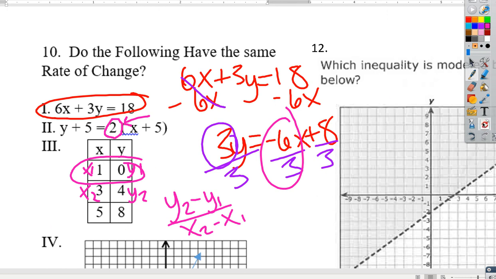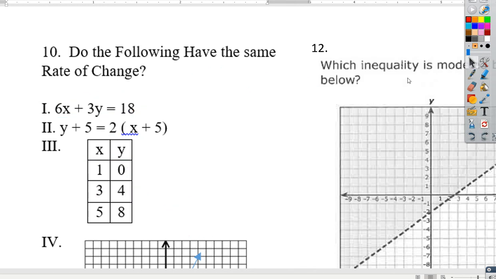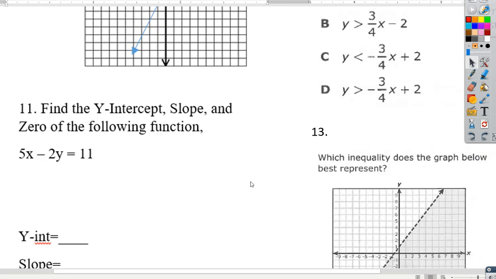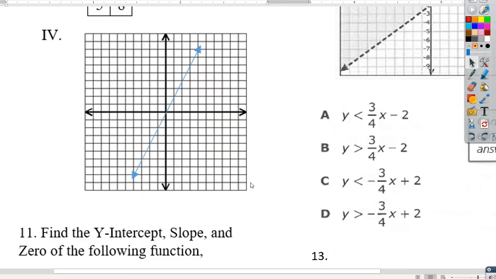And then finally, that last one is a graph, and they want you to find the slope of that one. Find 2 perfect points. That one looks like a perfect point right there, and that one looks like it could be perfect. Count the rise, count the run, and then you can answer the question. I think the question was, do they all have the same slope for number 10?